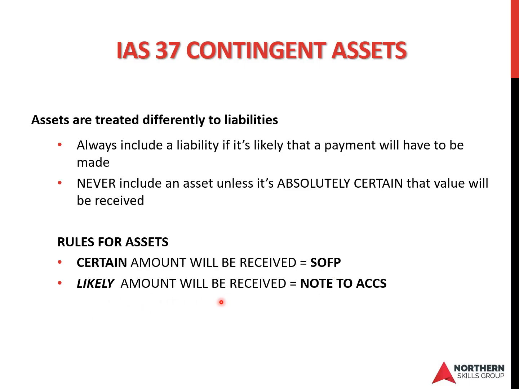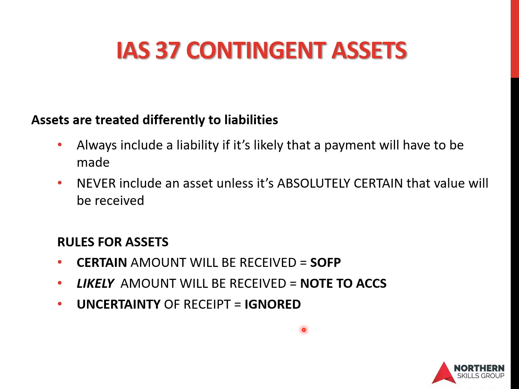If it's likely that we're going to receive the amount, we still don't include it. We only include a note about that potential asset in a note to the accounts. If we're uncertain whether or not a receipt's going to be received, then it's ignored altogether.